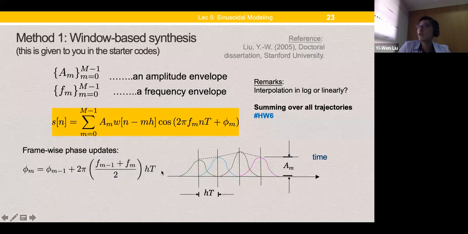Here F is in the unit of hertz. Any question here? You are not asked to implement this. You'll see this in my starter code, but I want to talk about the underlying thoughts I put behind this formula. Any question? Are we okay with this formula?